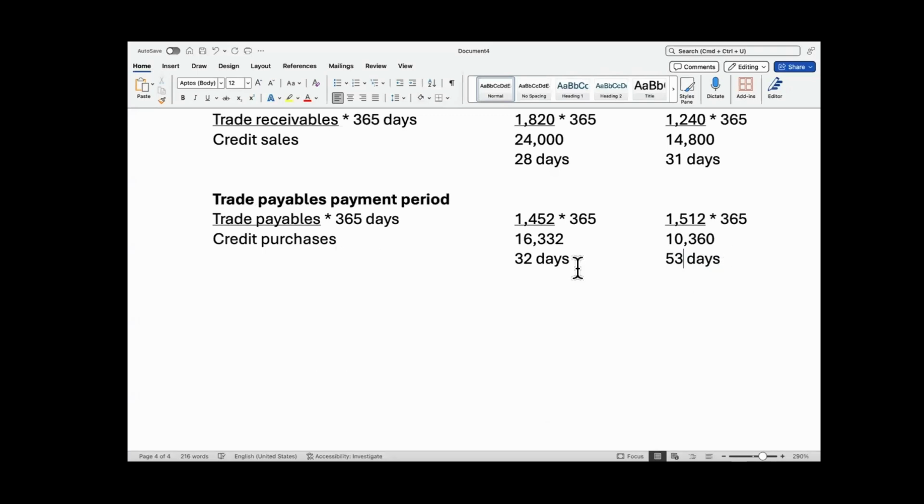Now, this is decreasing. A decreasing payables period is also not bad, because it could indicate that you are selling your inventory very fast and you're paying your suppliers as quickly as possible so that you can get another set of goods and sell.